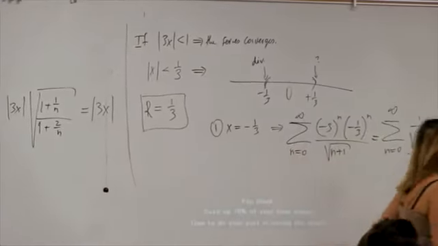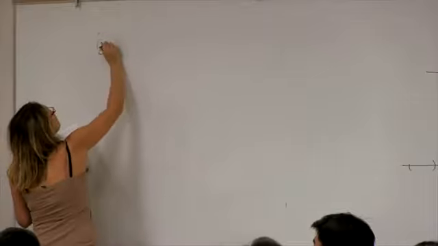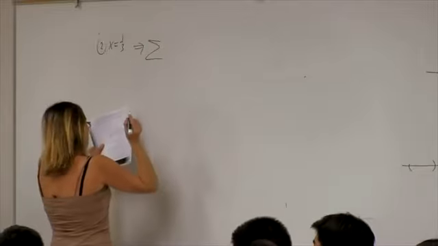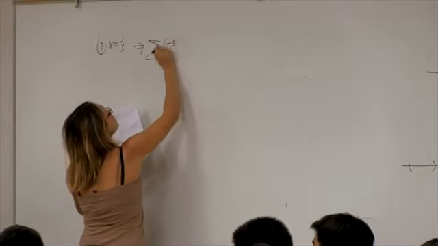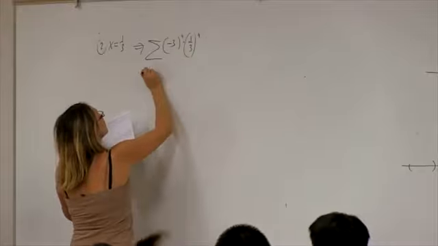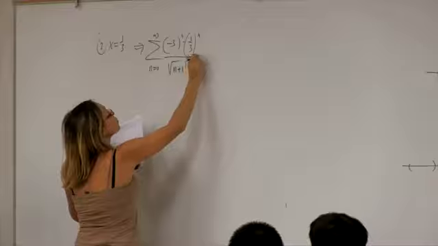So the value minus 1/3 diverges. How about the other one? The second interesting case is x equals 1/3. So I have minus 3 to the n times 1/3 to the n over n plus 1.